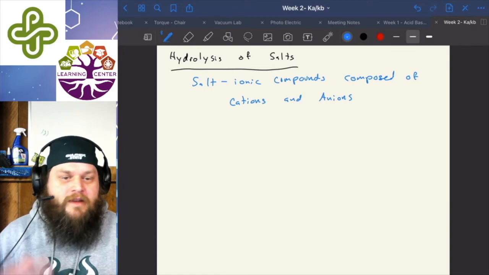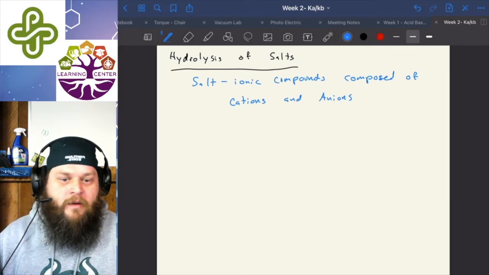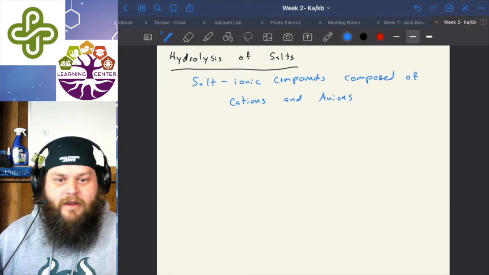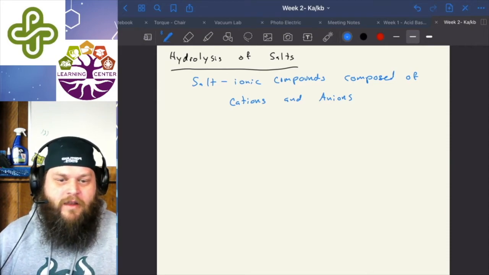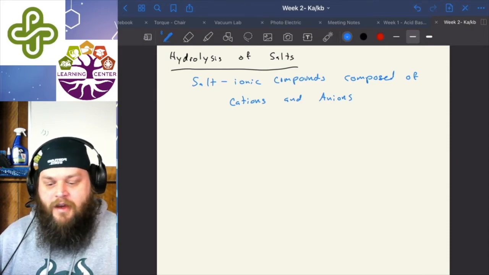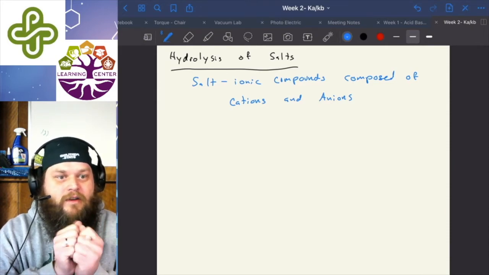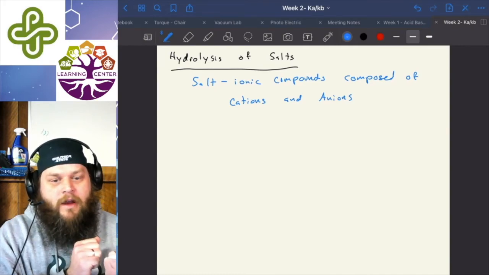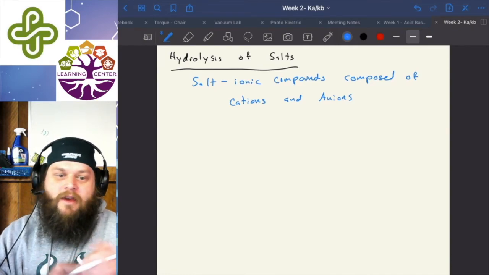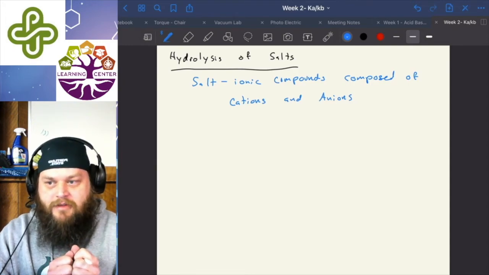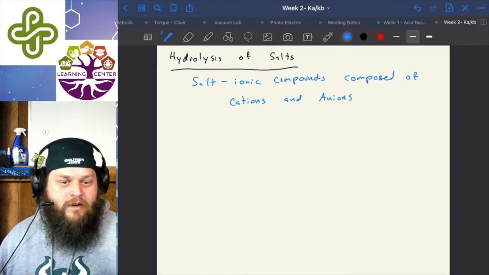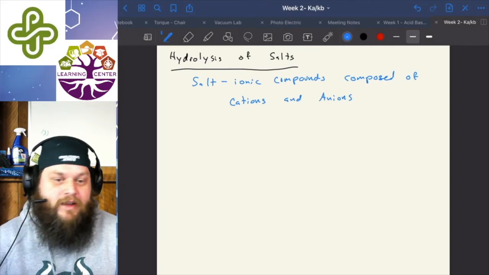Sodium is one of your group 1 metals, so it's +1 charged all the time, and chloride is negatively charged. Sodium is called a counterbalancing ion to the chloride ion, because you can't just have chloride negatively charged sitting there. It has to be balanced with something else to stabilize it. So you can put it in a jar and sit it on the shelf. That's how we get salt.